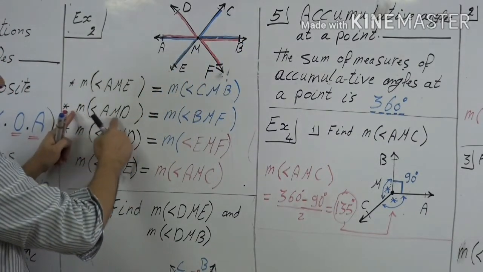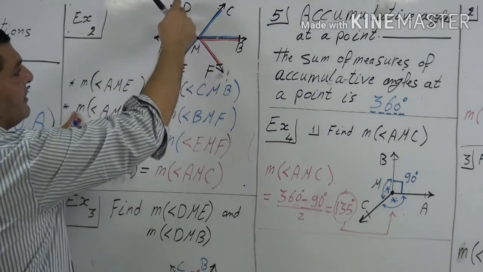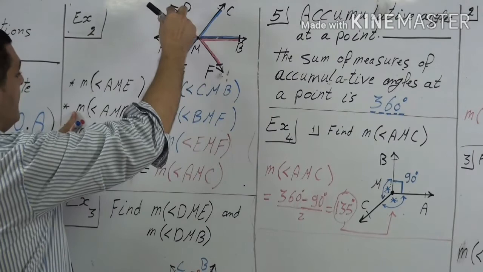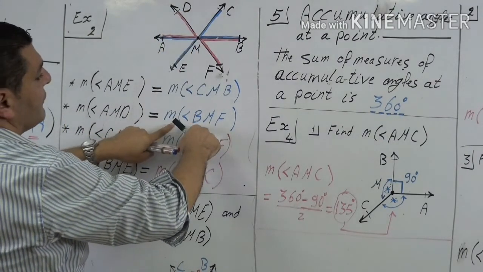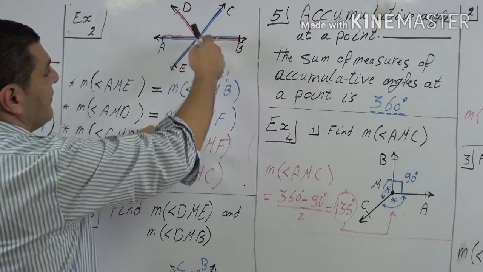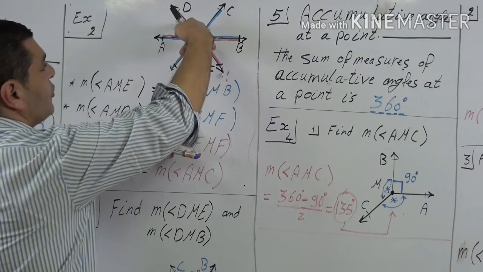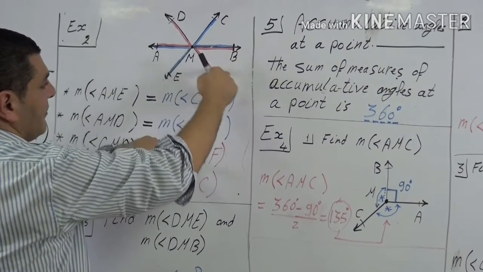Measure of angle AMD, the red one, equal measure of angle BMF, the two red ones, AMD and BMF.